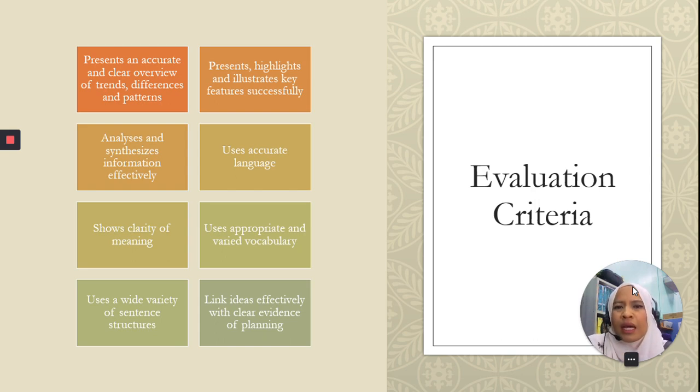When we look at the language aspect of the writing, we look at, of course, accuracy, clarity of meaning, whether you used appropriate and varied vocabulary, a wide variety of sentence structures, and also whether you link ideas effectively using linking words.